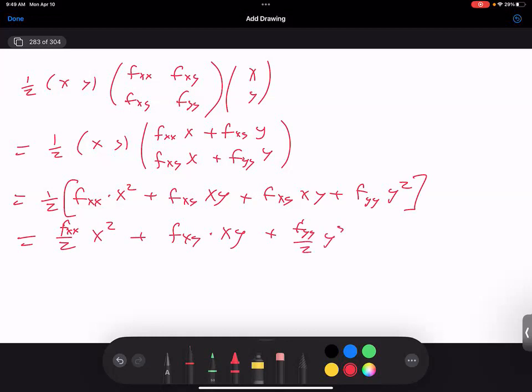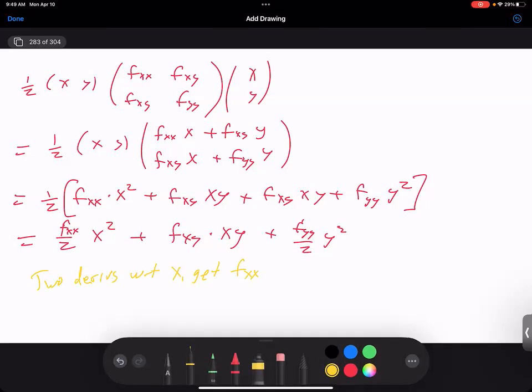And if you think about it, we're trying to approximate our function f of x, y. If you look at the second derivative, if I take the derivative of this twice with respect to x, what do I get? 2 derivatives with respect to x, we get fxx. That's exactly what we should be getting.